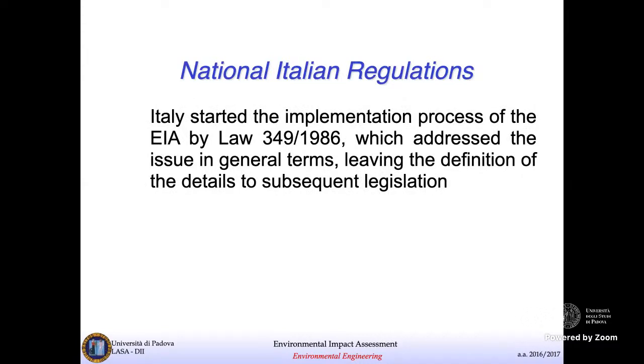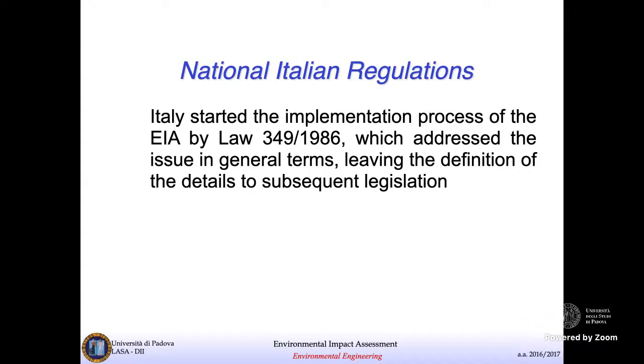Concerning national Italian regulation, Italian students know very well. Italy started the implementation process of the Environmental Impact Assessment Directive by Law 349/1986, so exactly the year after the European Directive, which addressed the issues in very general terms, leaving the definition of the details to subsequent legislation.